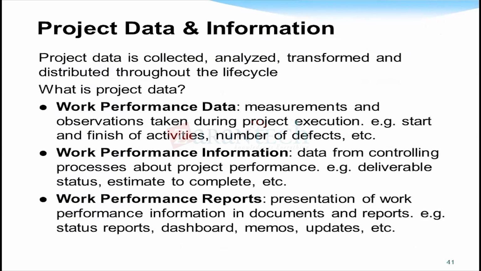And apart from that, there is project data, work performance data. When you start this project, these are deliverables you're giving to the client: how many bugs you got in the project, the start date and end date, the project plan, or the risks you faced, like the risk issue log or risk management logs. All that you will give as work performance data.